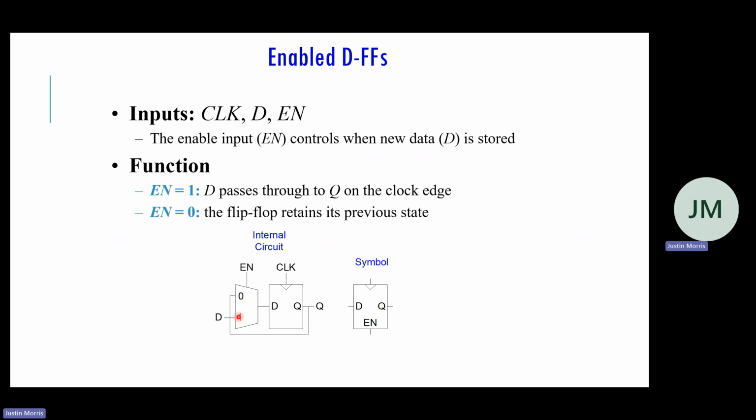But if enable is 1, then at the next rising clock edge, because this is a positive edge D flip-flop, I will let D go into the flip-flop, which will store D rather than the previous Q. So do we see this on the enabled flip-flop? Any questions so far? Okay.